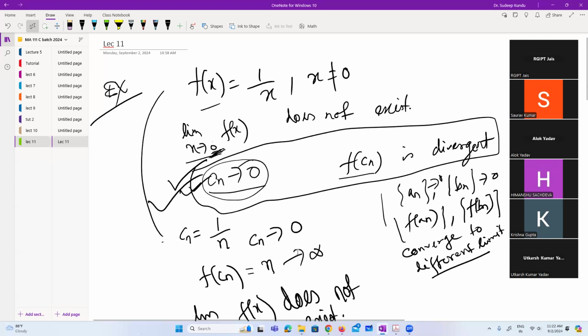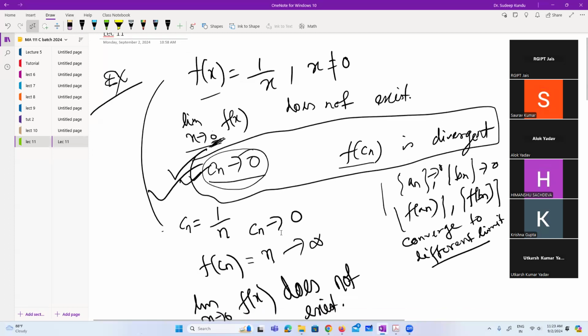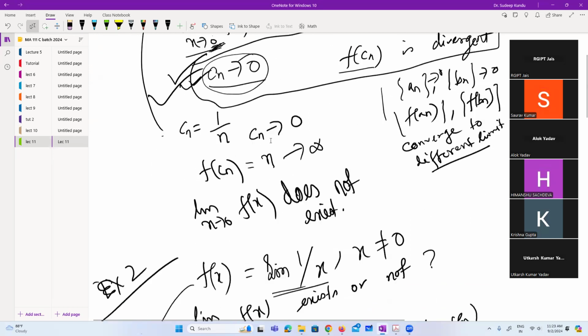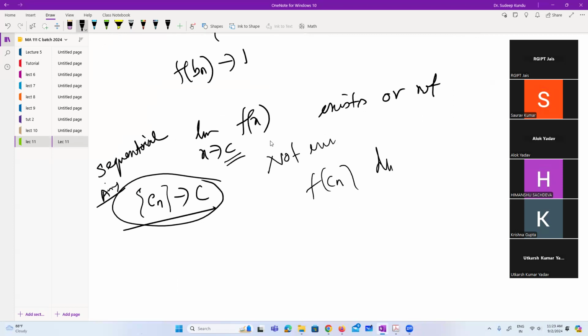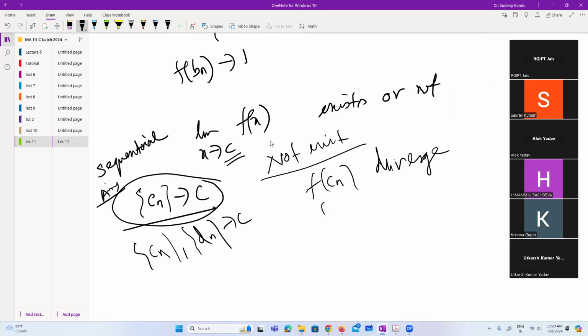So you have to choose either one of them: either some sequence Cn which converges to c, but f of Cn diverges or does not exist, or you have to choose two sequences Cn and Dn converging to c, but f of Cn and f of Dn converge to different limits.